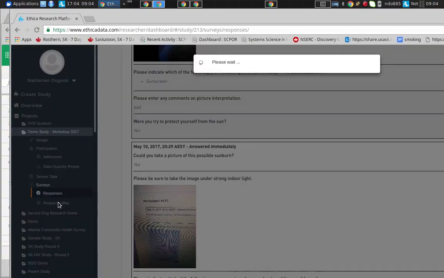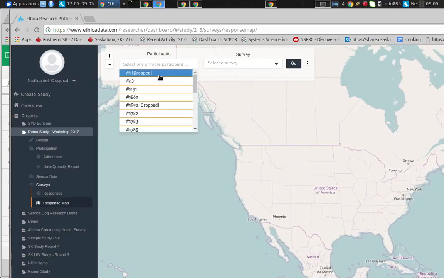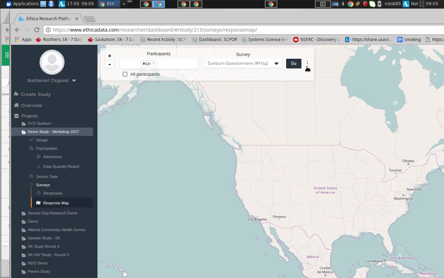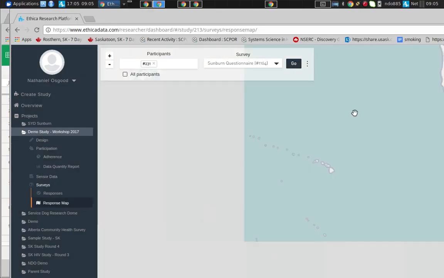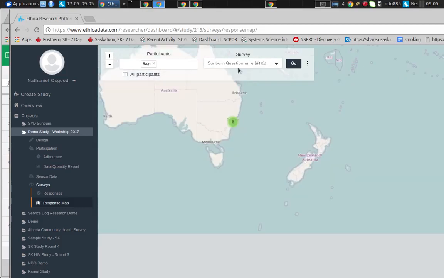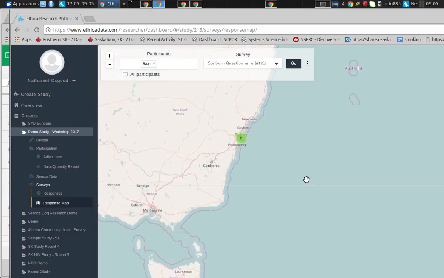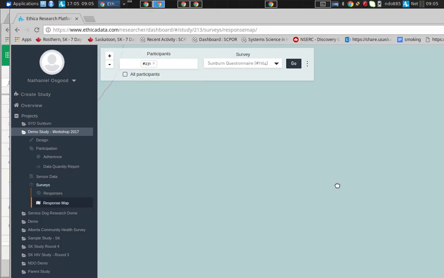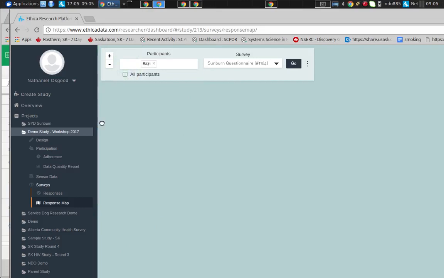I think every time I called it up. Similarly, when you do response map, if I were to go with that same participant, 231, and that same sunburn questionnaire, what's going to be shown here is the questionnaire uses, regardless of whether they were in fact completed or expired. So some of these might have been expired, some might have been canceled. Later today, we're going to see how to display on a map just those which were actually filled out.